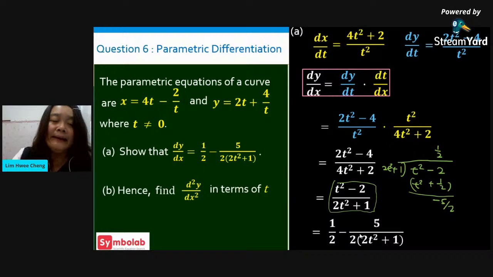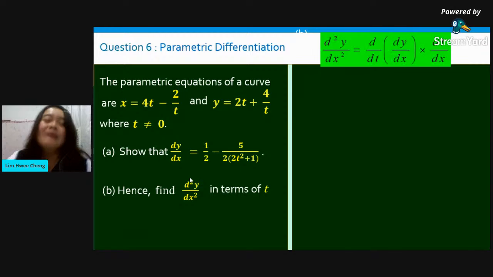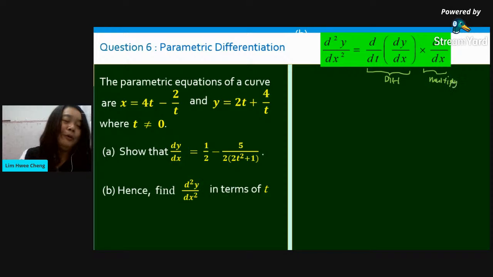Okay, then finally part B, they want to find the second derivative. In order to find your second derivative, okay class, take note, you must first differentiate your first derivative with respect to t, then only you multiply.